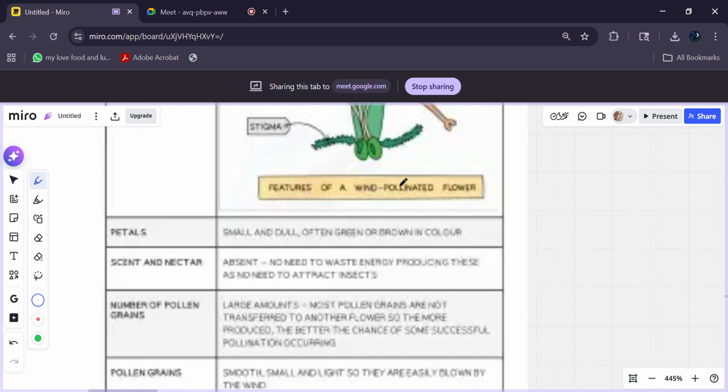The petals are dull and often green or brown in color. The scent is absent because the plant is not trying to waste energy producing scents to attract insects, unlike insect pollinated flowers. The number of pollen grains is large, and most pollen grains are not transferred to another flower, so the more produced, the better the chance of successful pollination occurring.